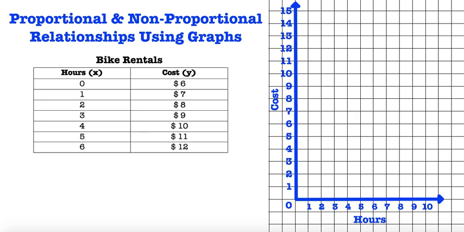So here we have another example, and in this case we also have a bike rental, with the exception that the cost is a little bit different. So if we look at our table, we could see that this one also increases by 1 hour at a time to show us the different costs for different hours. So plus 1.